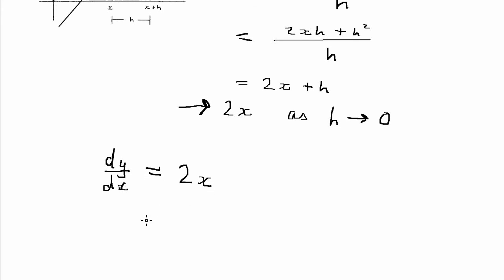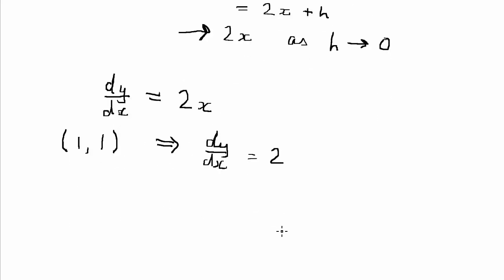And as we said earlier, we would expect to get something which would be different for different points on the curve. I mean, one point on this curve would be (1, 1), for example. That's certainly on y equals x squared. And at that point, that means that the gradient of the curve, dy dx, at that point would be 2 times the x coordinate, which is 1. The gradient would be 2.